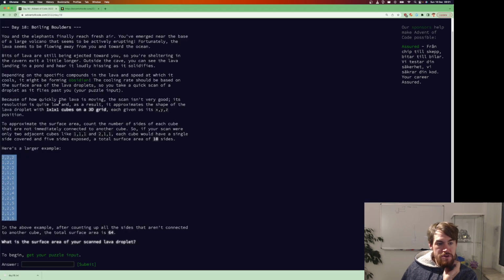Okay, so let's see. The cooling rate should be based on the surface area of the lava droplets. So we get the shape of the lava droplet with 1 × 1 × 1 cubes.